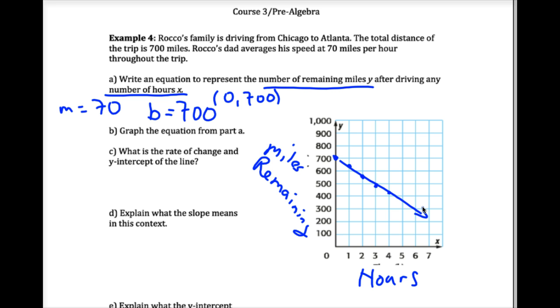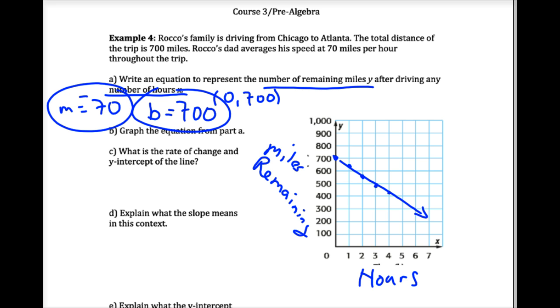Now, we're going to write the equation. This is where, again, you got to think a little bit. Believe it or not, guys, the slope is actually not 70. Look at the line. It's negative 70.